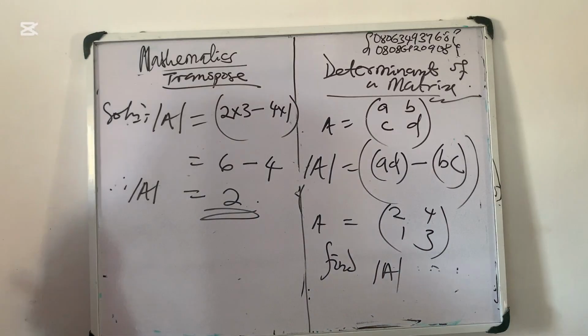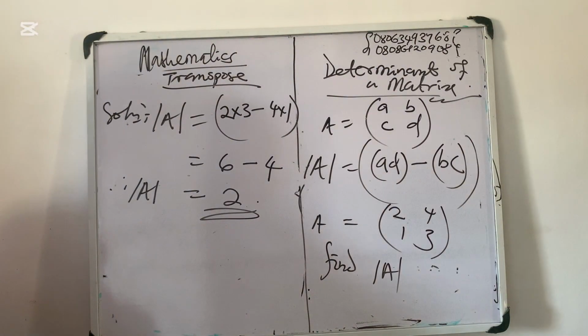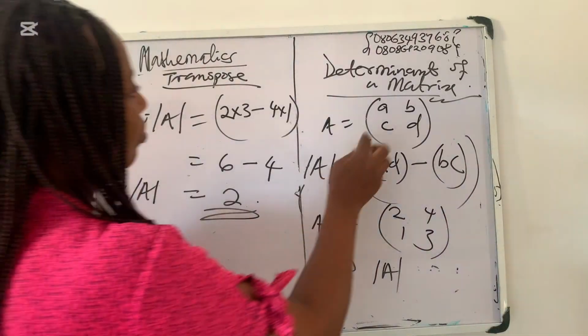Let's proceed to order 3 by 3 to find the determinant.